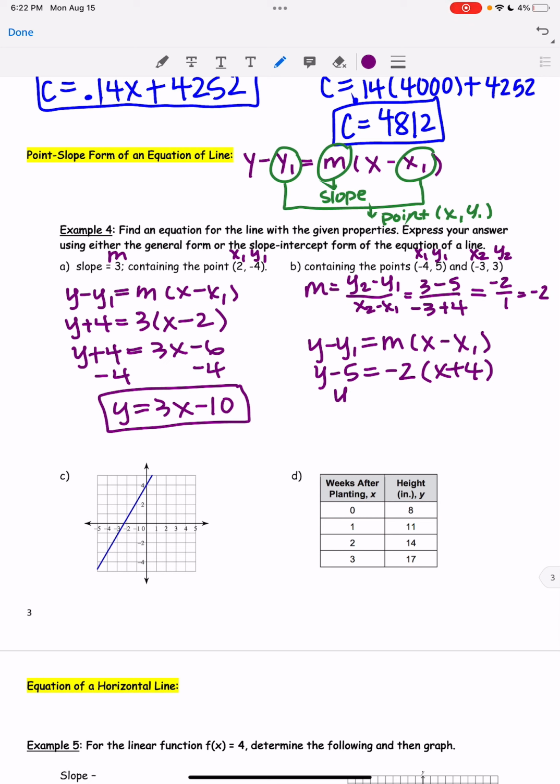Distribute your -2. y minus 5 equals -2x minus 8. Add your 5. And we get y equals -2x minus 3.